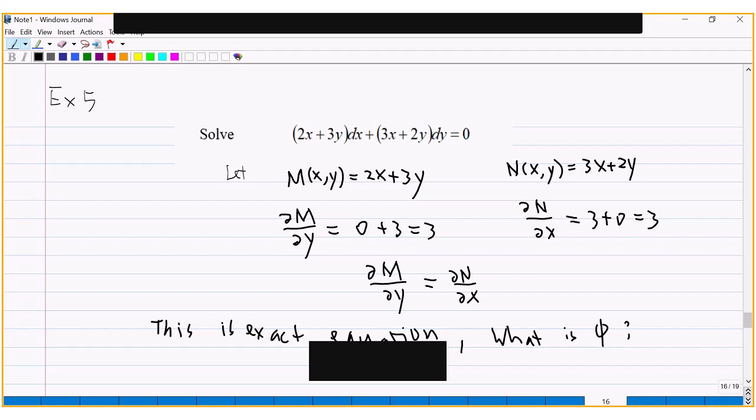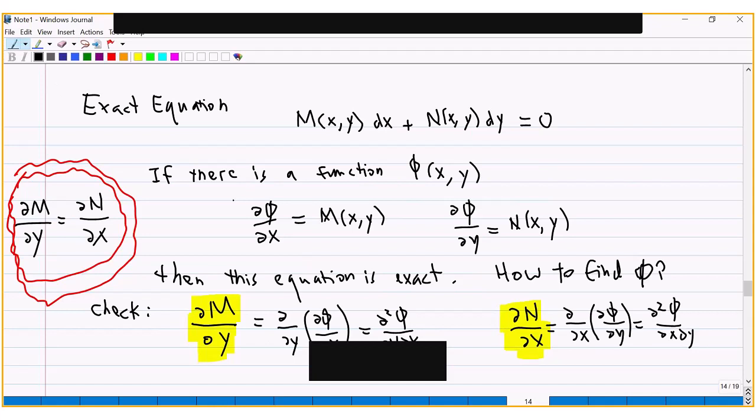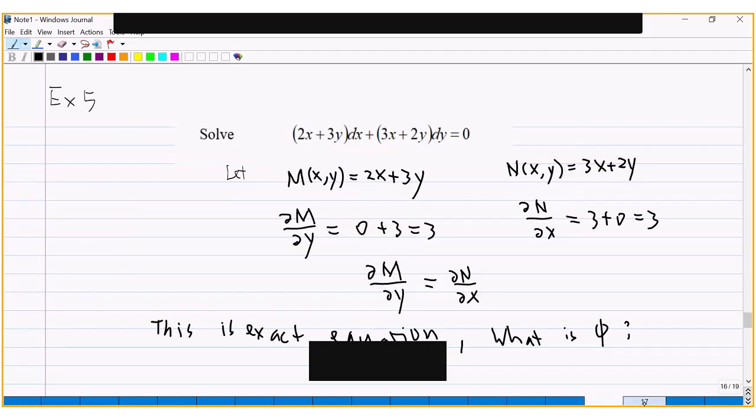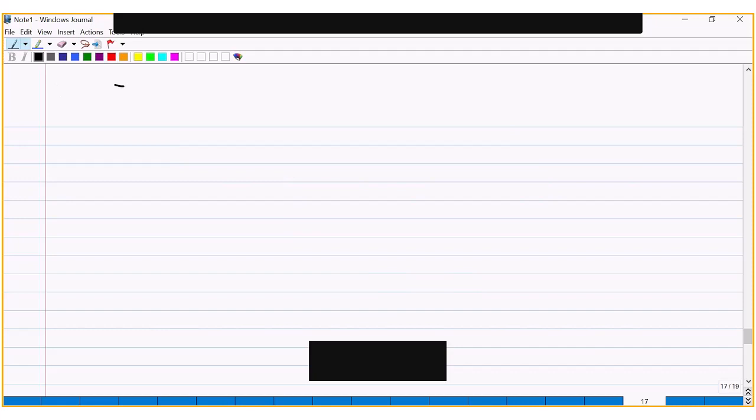It means that there is a function phi whose partial derivative with respect to x is equal to M. So that means there is a function phi of two variables, and its partial derivative with respect to x is M. Okay, let's try this.